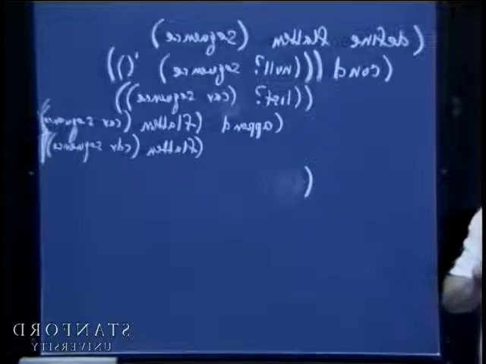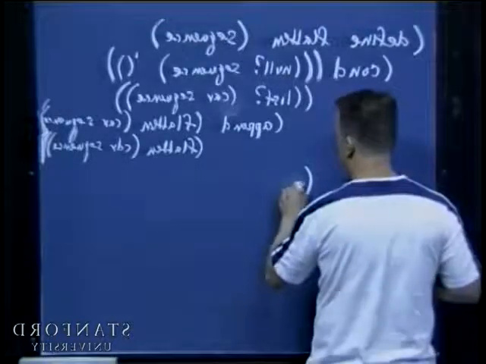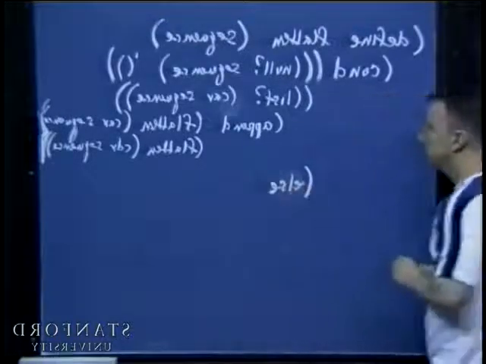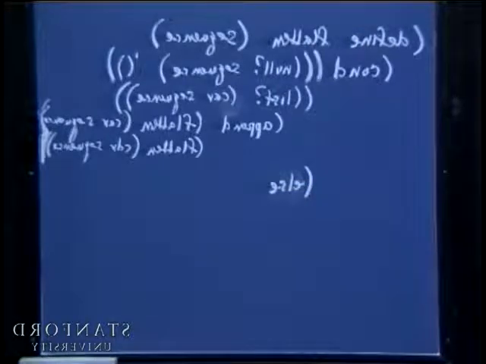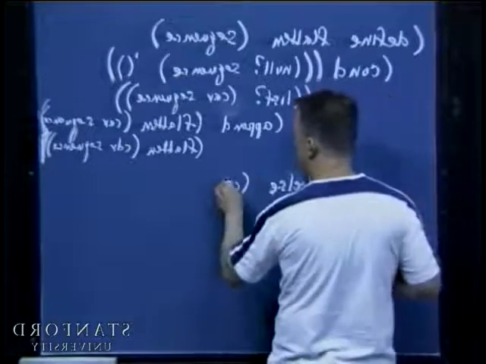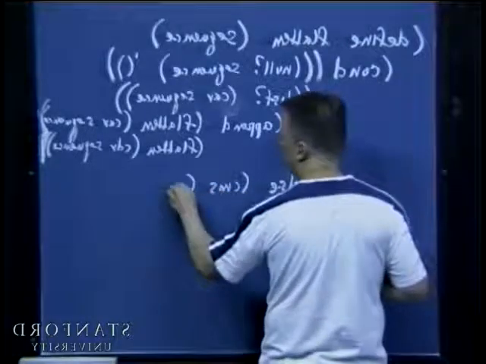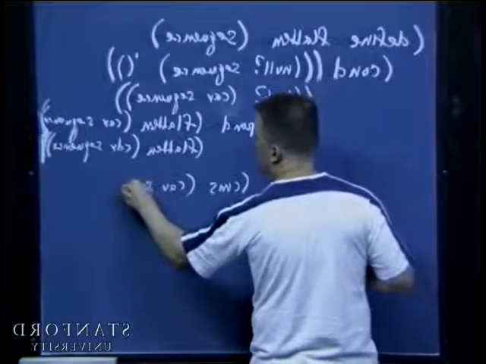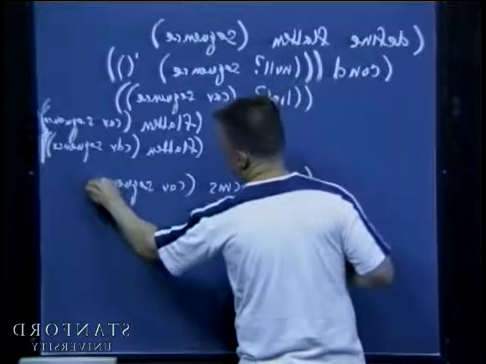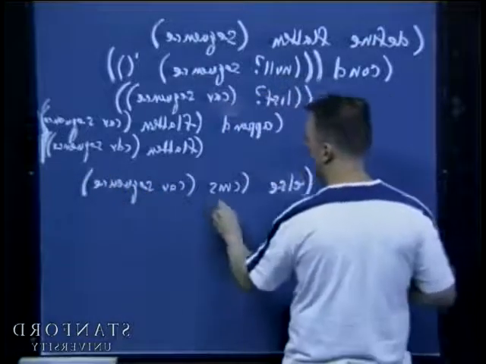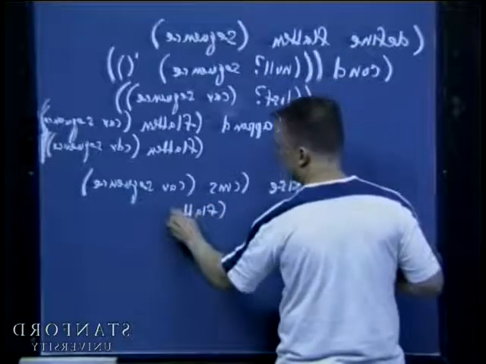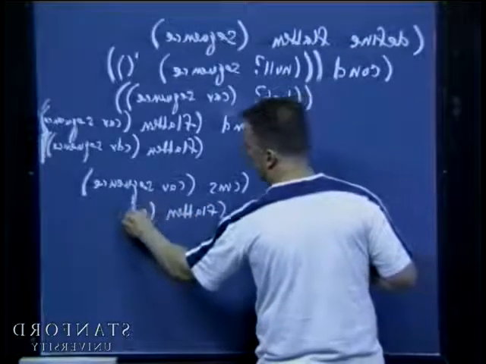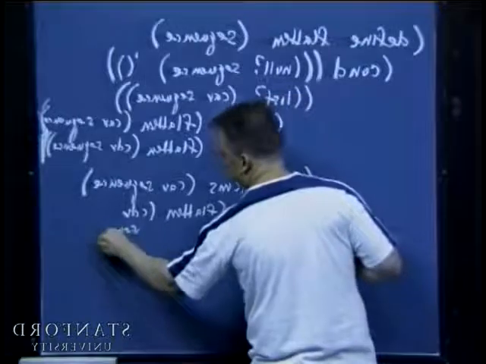You don't see that in a lot of other languages. You can use the keyword else right there, which basically is synonymous with true in this context. And what you would do is cons the car of the sequence, which requires no flattening because it's not a list, to whatever you get by flattening the cdr of the sequence.